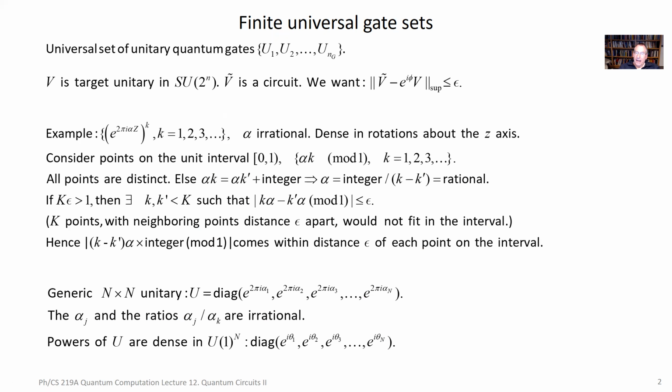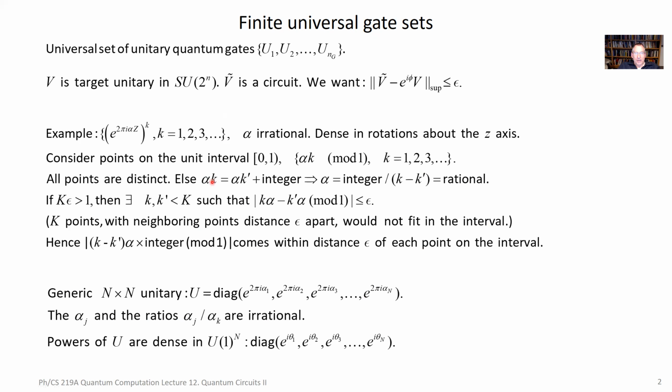And now I claim, first of all, that because alpha is irrational, all the points I can get on the unit interval by considering multiples of alpha and then subtracting away the largest integer smaller than alpha k, these are all distinct. How do I know that's true? Well, suppose it's not true.